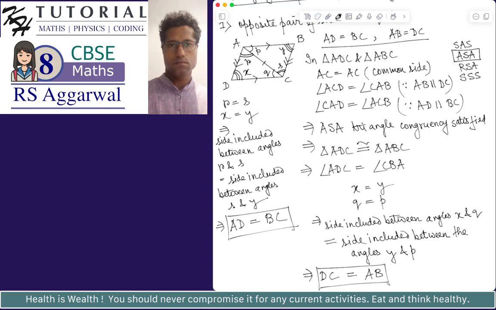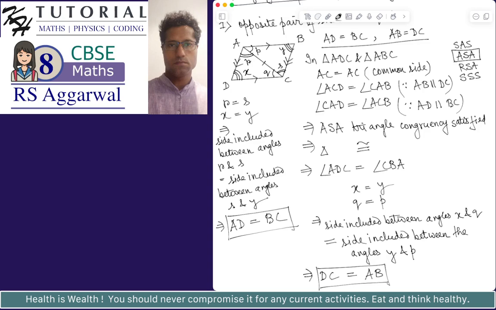If this is so, then AD must be equal to AB. No, I did it wrong. So the congruency relation should be, this is wrong. This is very wrong. This is super important. I should name the triangles in the congruence relation properly.